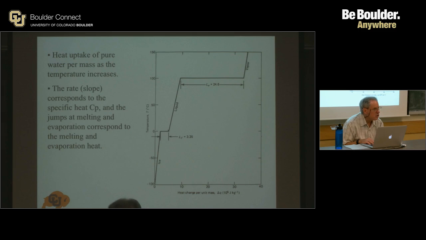So that's a phase change. There's no temperature change because we're changing phase. And then we heat up the liquid, and then there's a much longer phase change to get it to a vapor. So this has gone all the way from ice to a vapor. And it has the highest heat of vaporization of any substance.